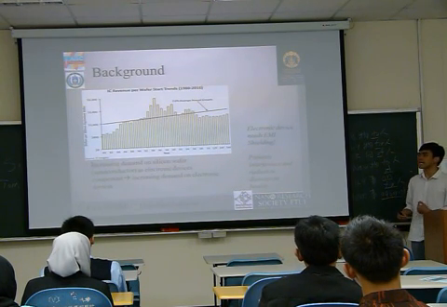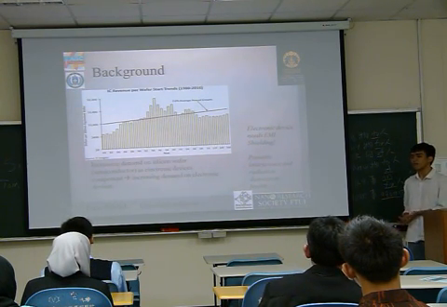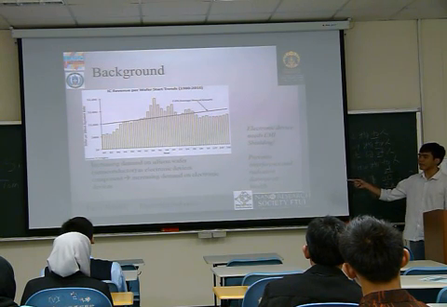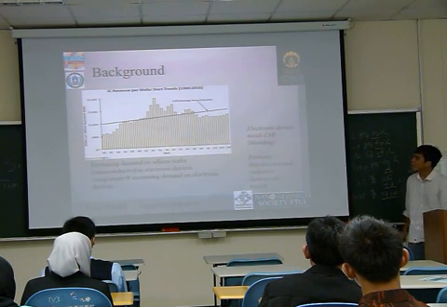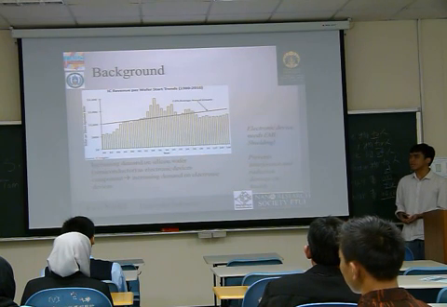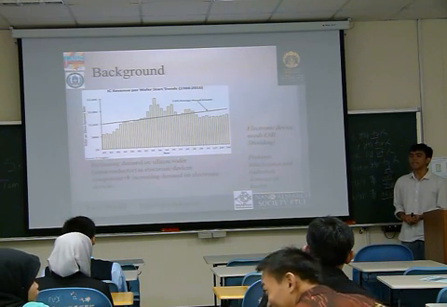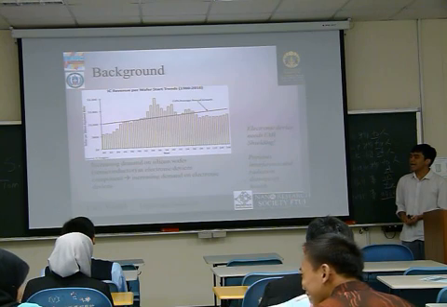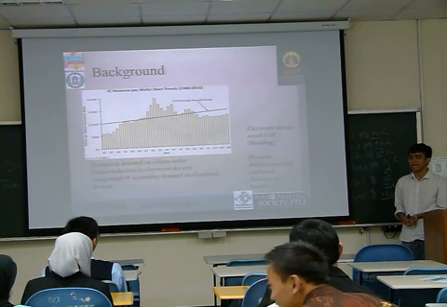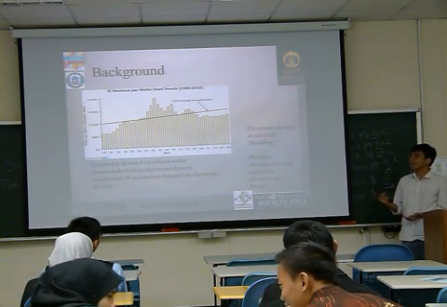Why composite of polymer and ferrofluid for electromagnetic interference shielding? Because nowadays the materials used for electromagnetic interference shielding are mostly metals, and metals, as we know, are heavy.